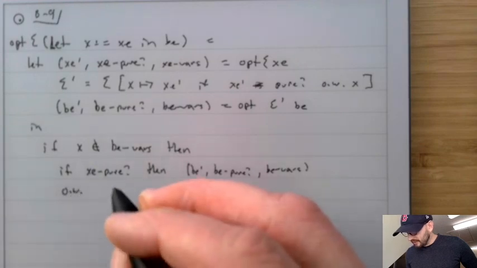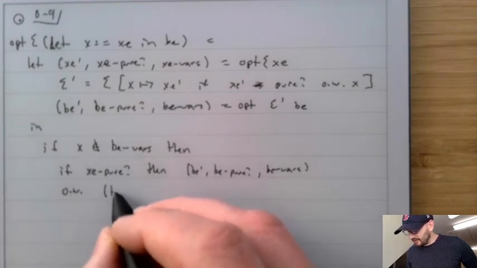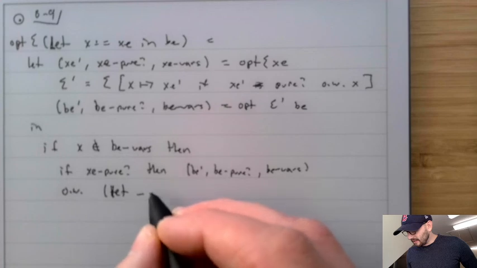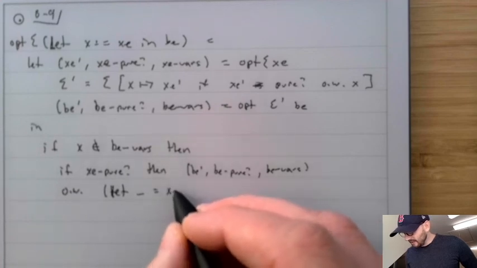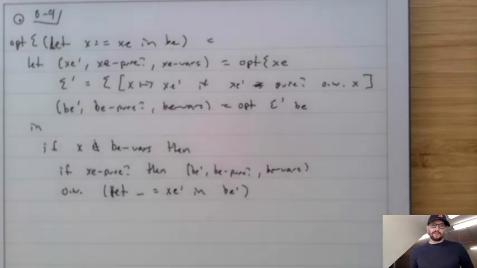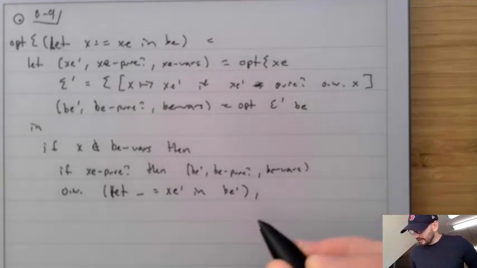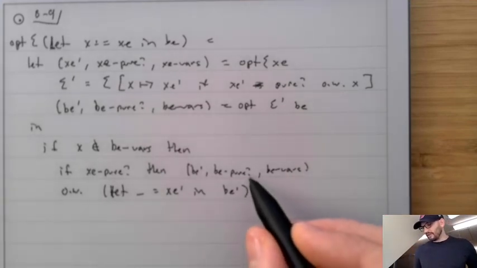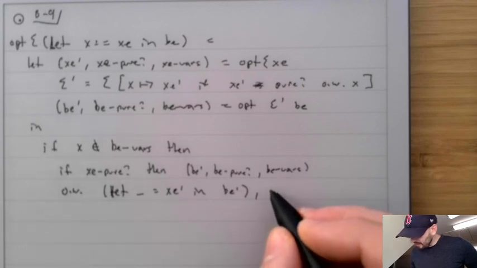Otherwise, we'll turn it into a let underscore equals xe prime in be prime. This means that we don't observe the value, but we still have to include it. And then, of course, that's our new expression, but we have to return whether it's pure. In this case, it would not be pure, so we would return false.